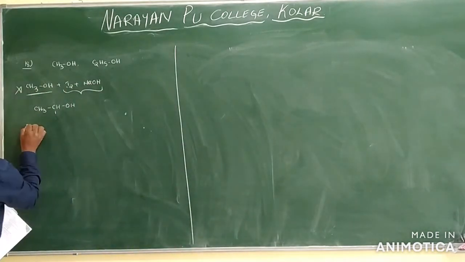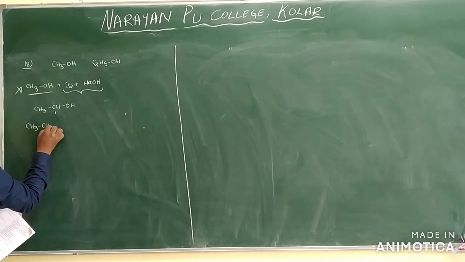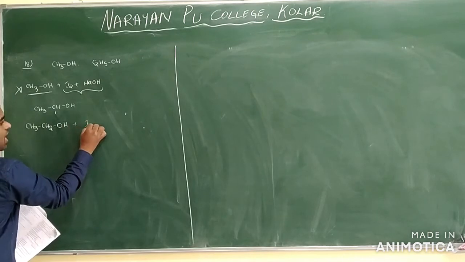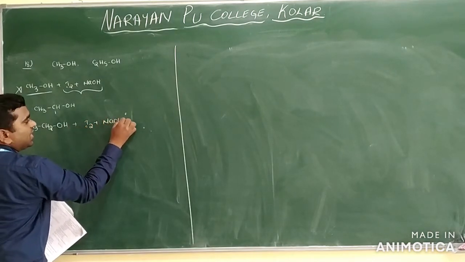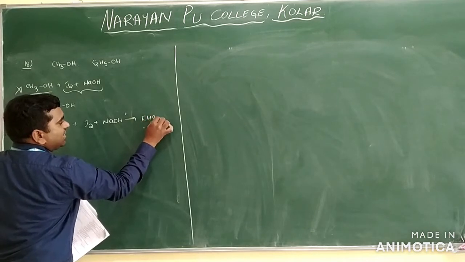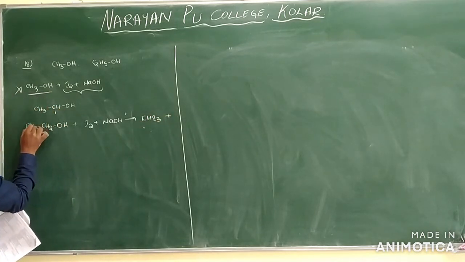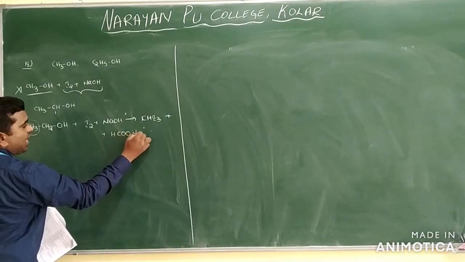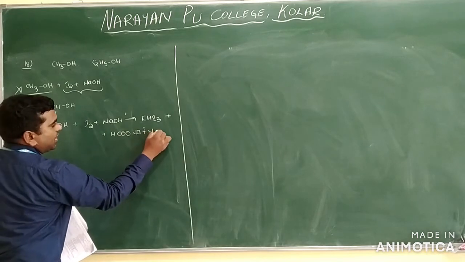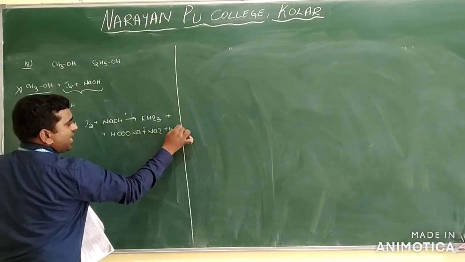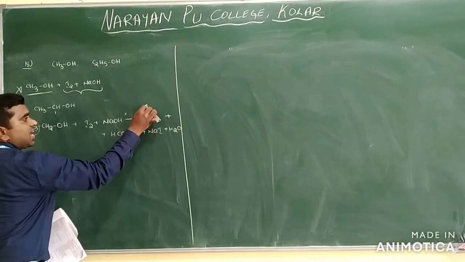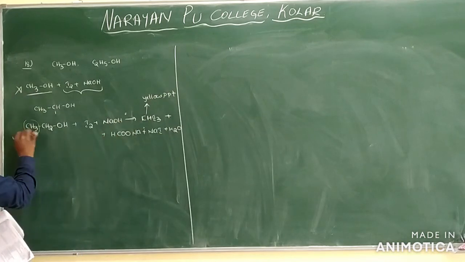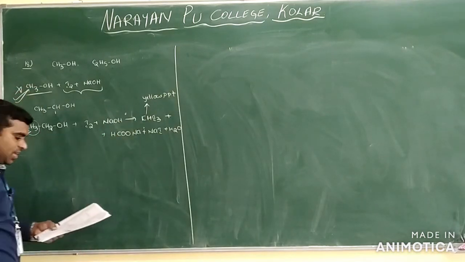But ethanol, CH3CH2OH, has CH3CHOH, so it gives the iodoform test, and you will get CHI3, iodoform, and the remaining carbon is converted into the sodium salt of the acid, HCOONa, and here you will get NaI plus H2. How to balance we have already discussed. The color of iodoform is a yellow precipitate. So ethanol gives a yellow precipitate but not methanol, so we can easily distinguish.